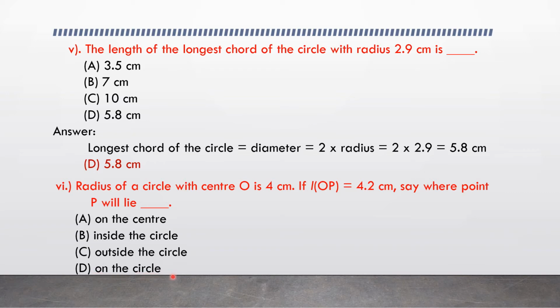Here the radius of the circle is given as 4 centimeter. Therefore, the length of OP is the bigger number, that is, the length of OP is greater than the radius. Therefore, P lies in the exterior of the circle. Therefore, option C is your answer. P will lie outside the circle.